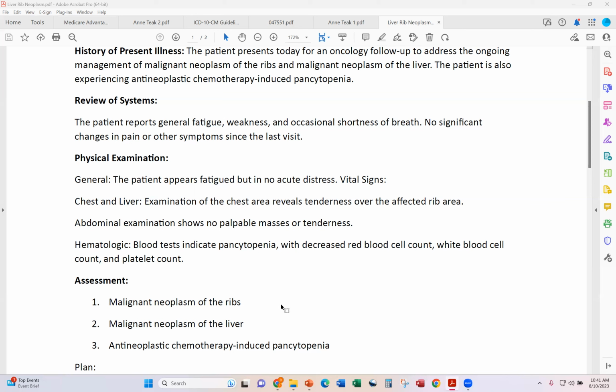I'm going to know the steps to getting to the right answer. And so with this, malignant neoplasm in the ribs, malignant neoplasm in the liver, Michael had said query. Now Michael, what is the biggest problem as far as queries go in risk adjustment?